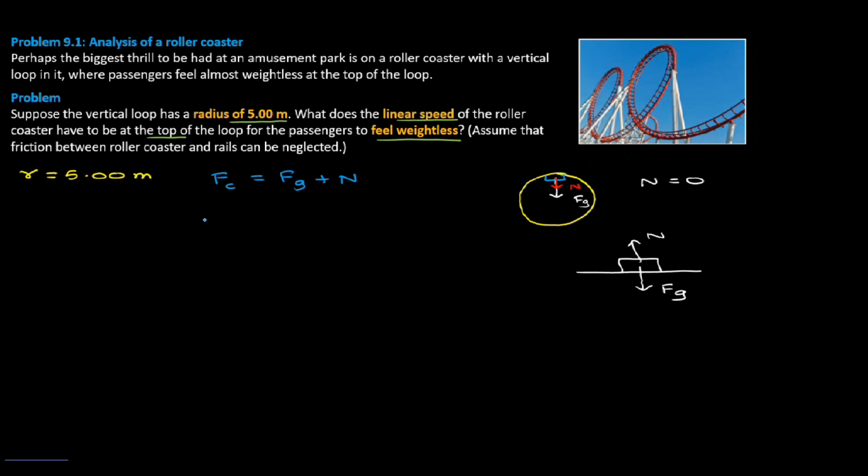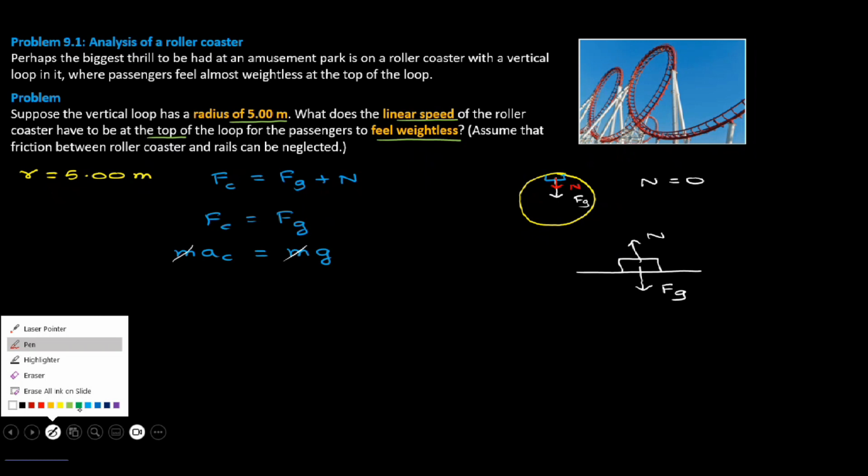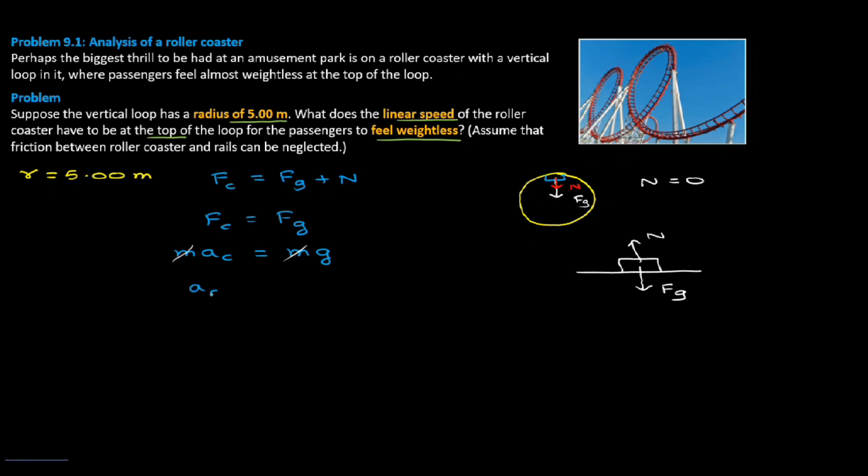So I get my centripetal force Fc to be equal to the force due to gravity. Centripetal force is given as mass times centripetal acceleration, and force due to gravity will be mass times acceleration due to gravity. I can cancel off the mass from both sides, and then we write centripetal acceleration equals g.